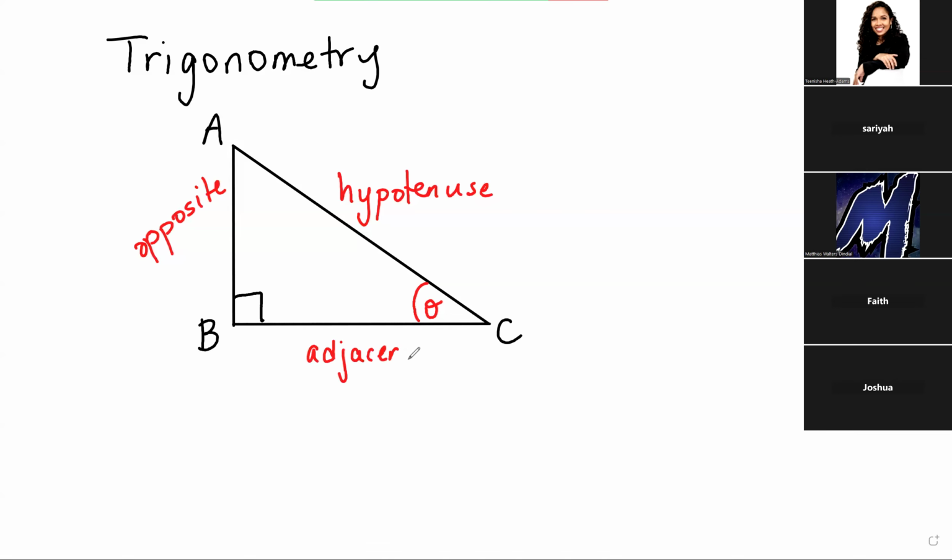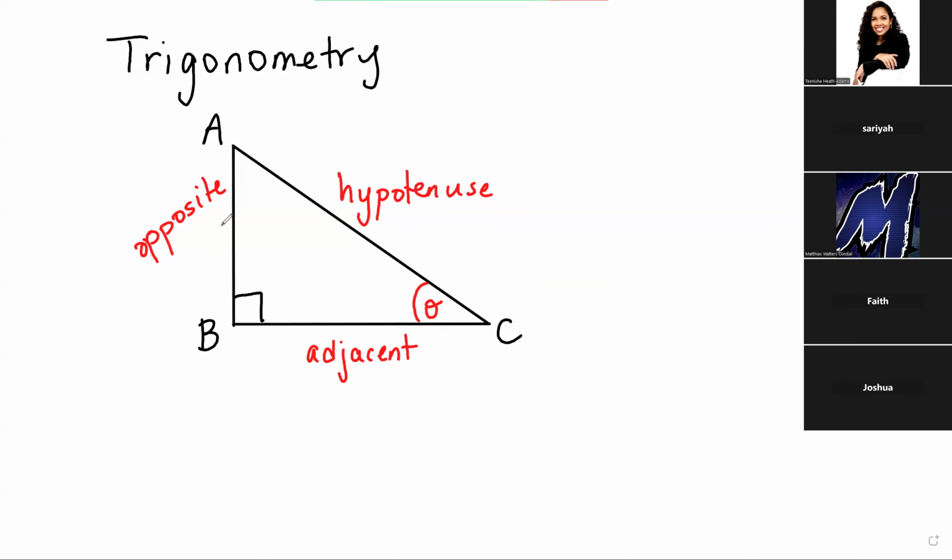So in the right angle triangle, we have three sides because it's a triangle, obviously. And the hypotenuse is the side opposite the right angle. So that's the side AC. And it's also the longest side in the right angle triangle. That hypotenuse is named in relation to the right angle, right?